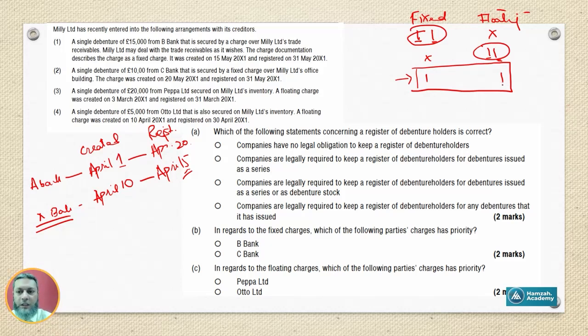The floating charge in this case will only have priority if, at the time of creation of the fixed charge, there is already a floating charge on the asset, and the borrower informs the fixed charge holder that it already has a floating charge and they will have second priority. If he is not informed, he will still have the first priority.